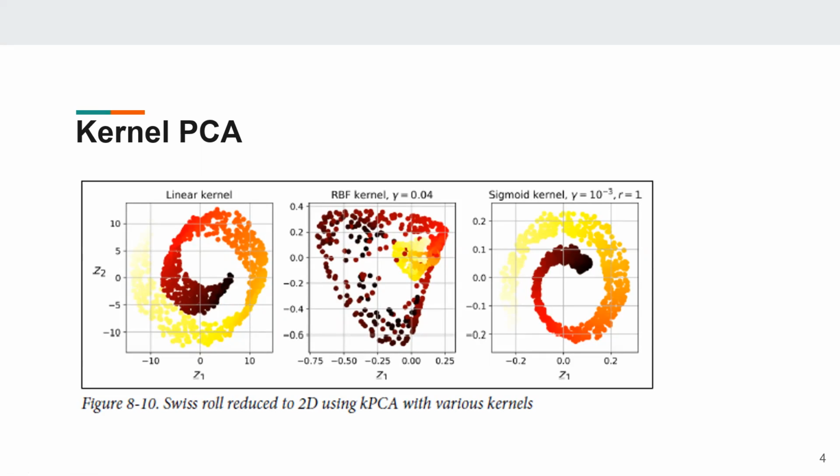These are just a couple of examples of different kernels: linear kernel versus RBF kernel versus sigmoid kernel. Just to show you, for the Swiss roll dataset, if you take the original three-dimensional Swiss roll dataset and do kernel PCA using different kernels, this is what the output would look like. The question is really which would be the best kernel that you should be using in your kernel PCA.